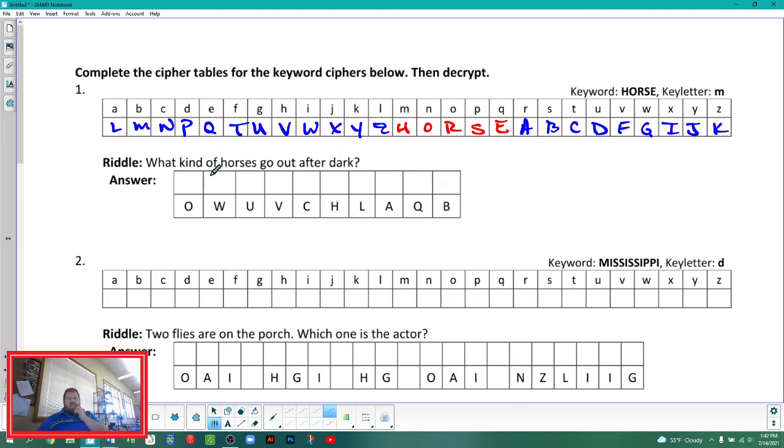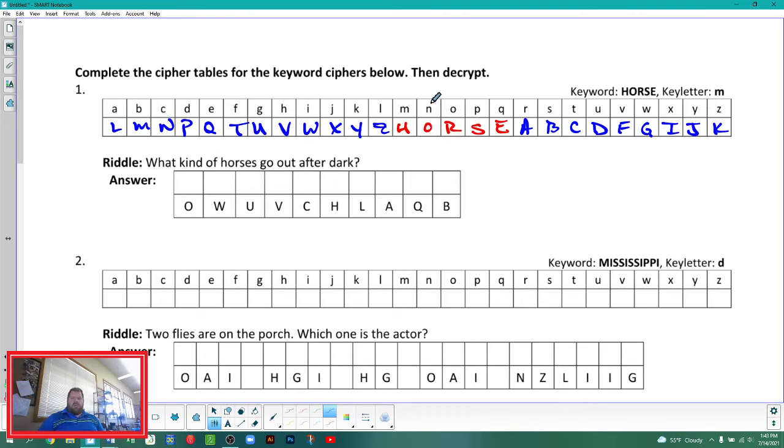So then the riddle, so in this you would say, okay, here's the riddle, here's my ciphertext, here's my keyword, and here's my key letter. Okay, so we're using this to say what kind of horses go out in the dark.